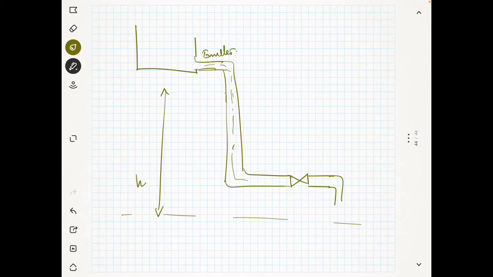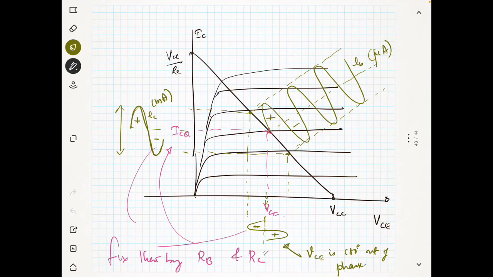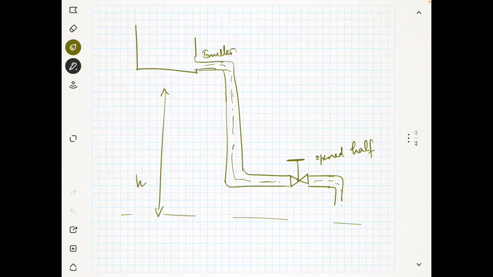You have the emitter here which is emitting the water, and your valve is opened half. Opened half means you are selecting the Q point at the center, that's the meaning.